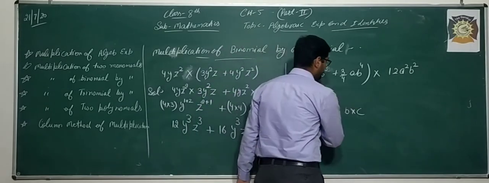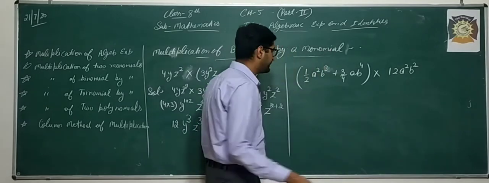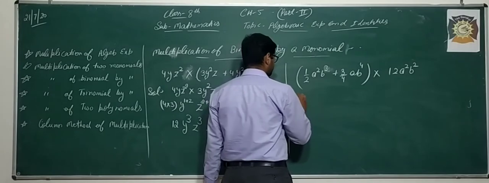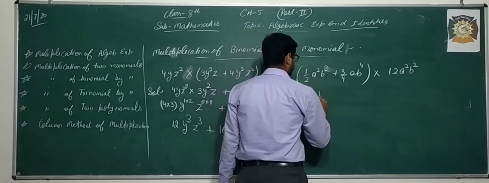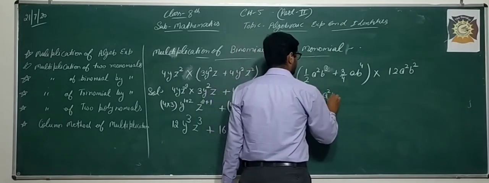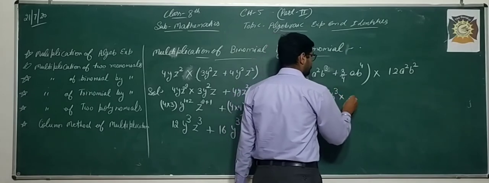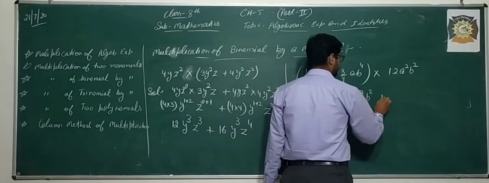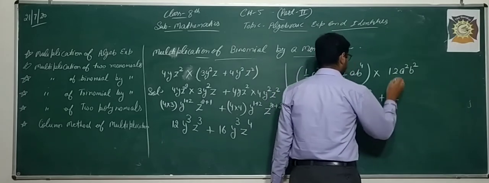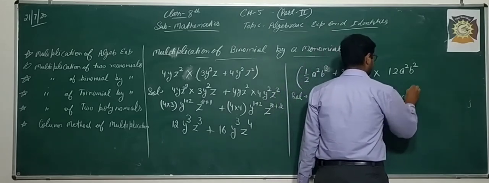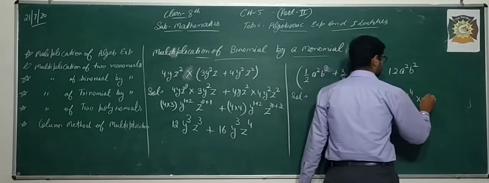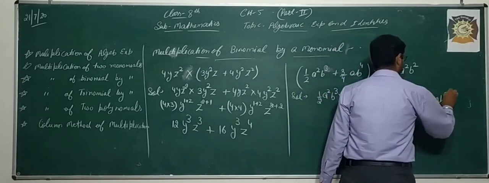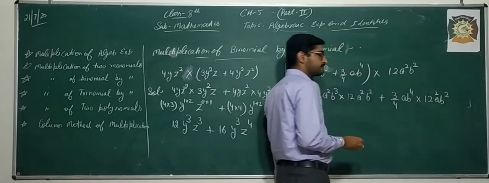We will write it as half of a square b cube into 12a square b square, plus 3 by 4 ab power 4 into 12a square b square.